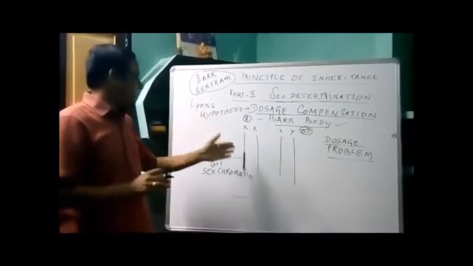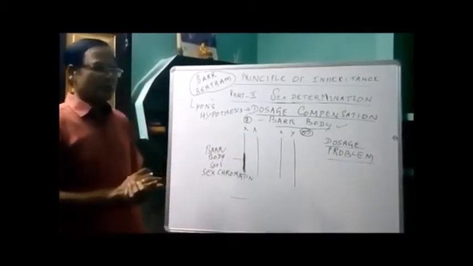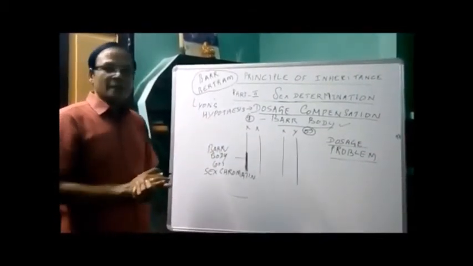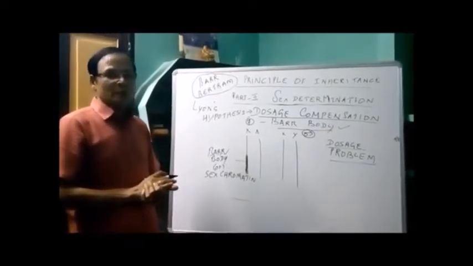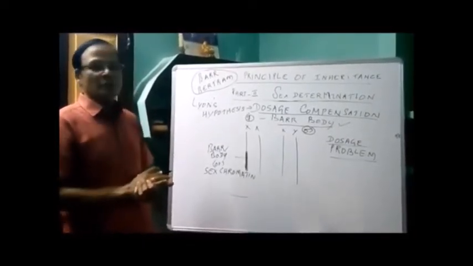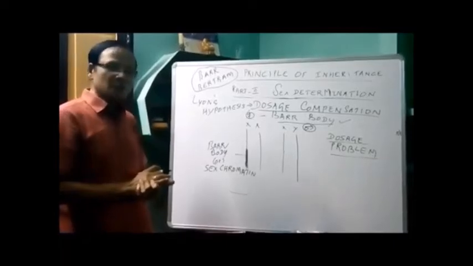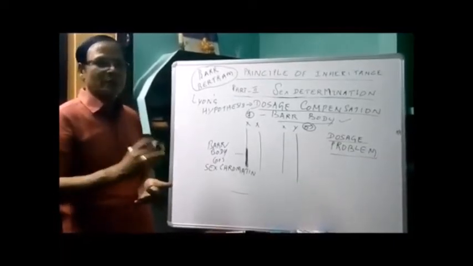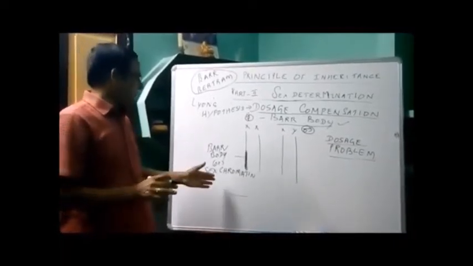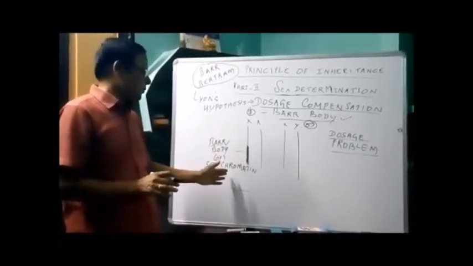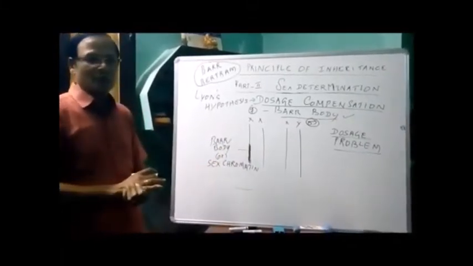So Barr and Bertram observed the Barr body. What is Barr body? It is nothing but the condensed region of chromatin, otherwise called heterochromatin. The heterochromatin X chromosome is called sex chromatin.